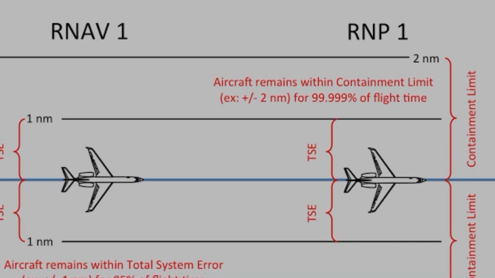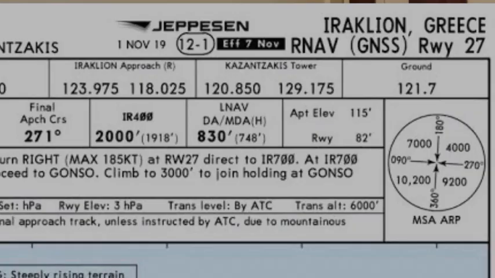This is RNAV 1. Mostly RNAV 1 is for instrument approaches and instrument departures, and later for en route, for example oceanic en route operations, we have more and more relaxed limits.